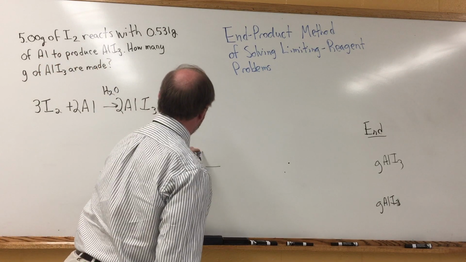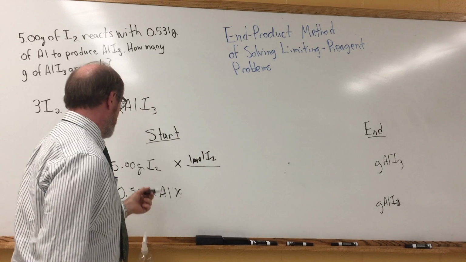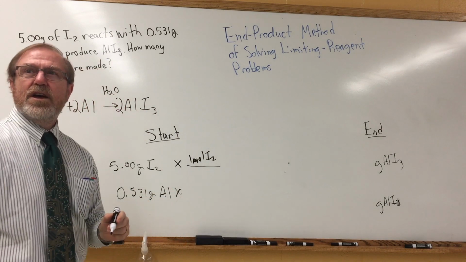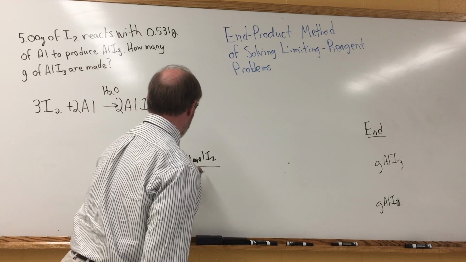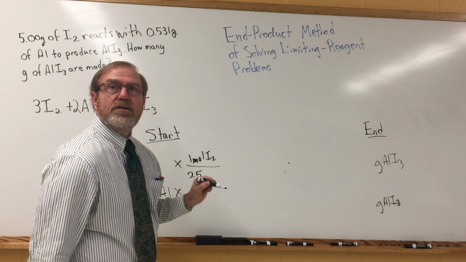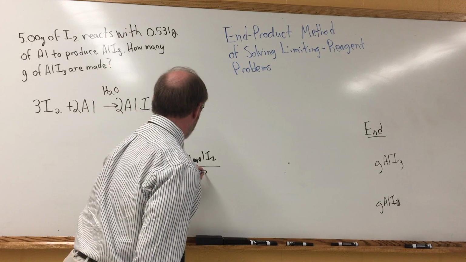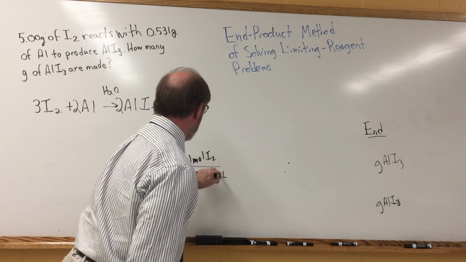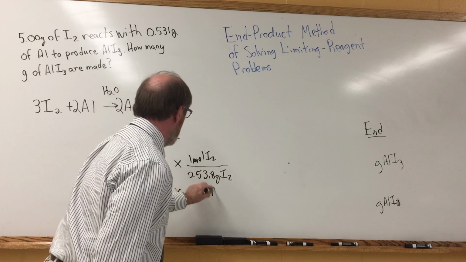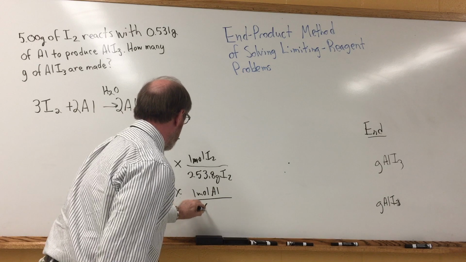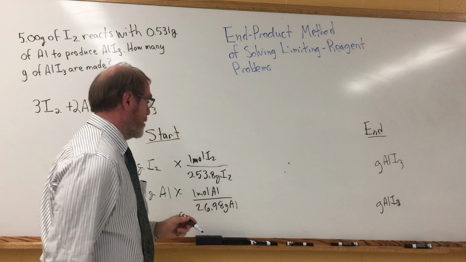So 1 mole of iodine is something like, let's see, 253.8 grams of iodine. Down below, 1 mole of aluminum is 26.98 grams of aluminum. That's just the average atomic mass.